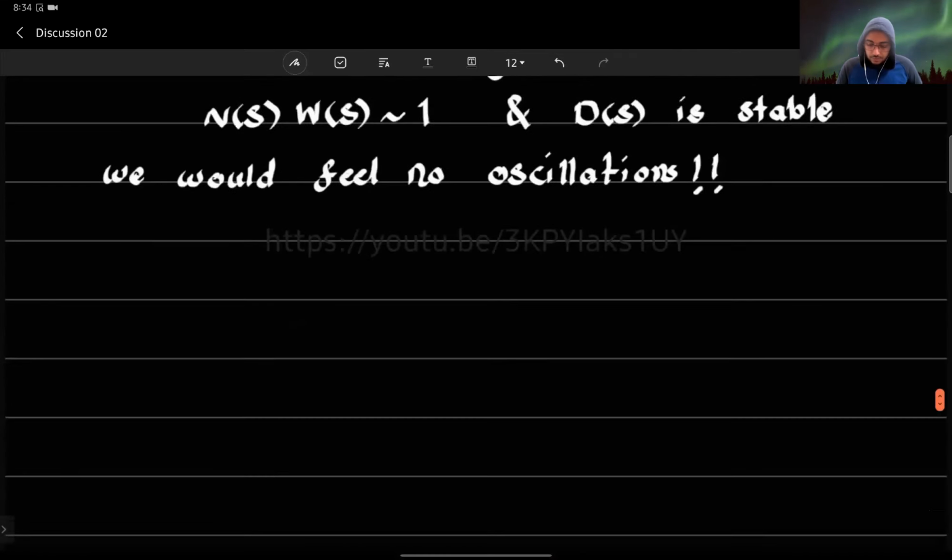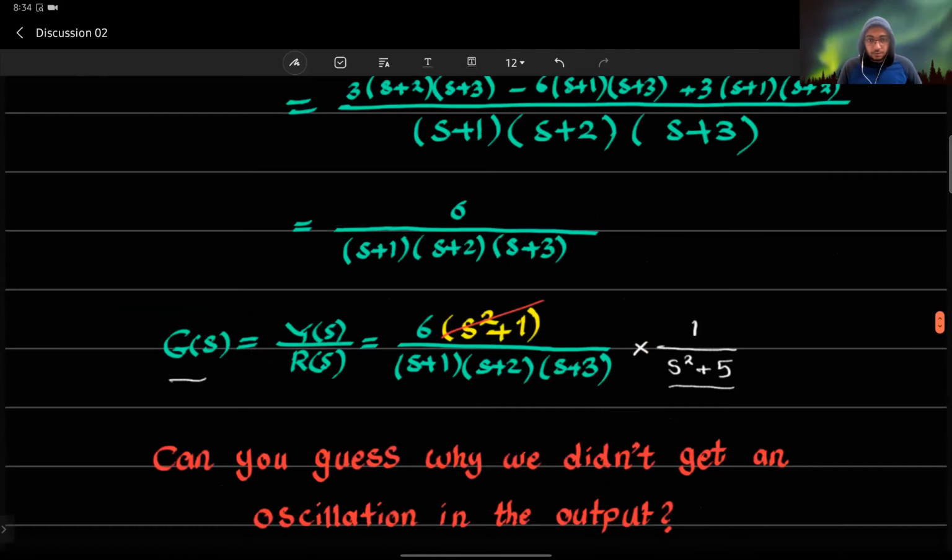Okay, so now let's try and implement this on MATLAB.